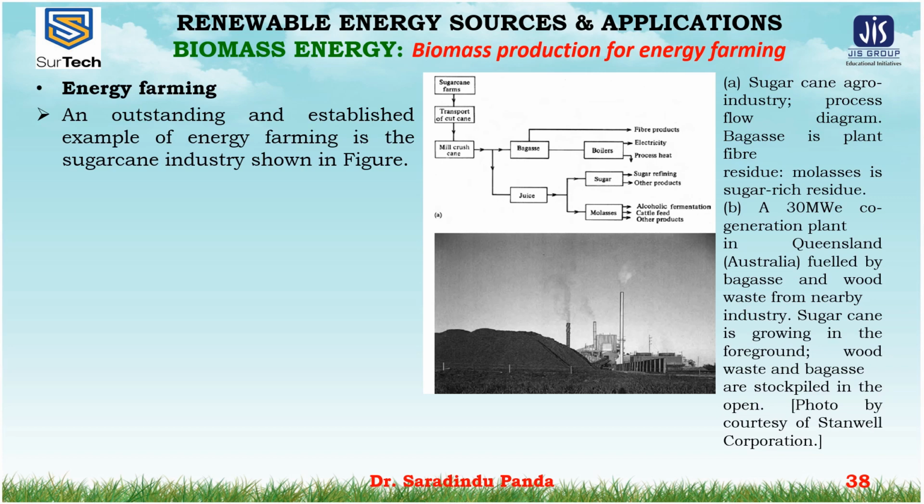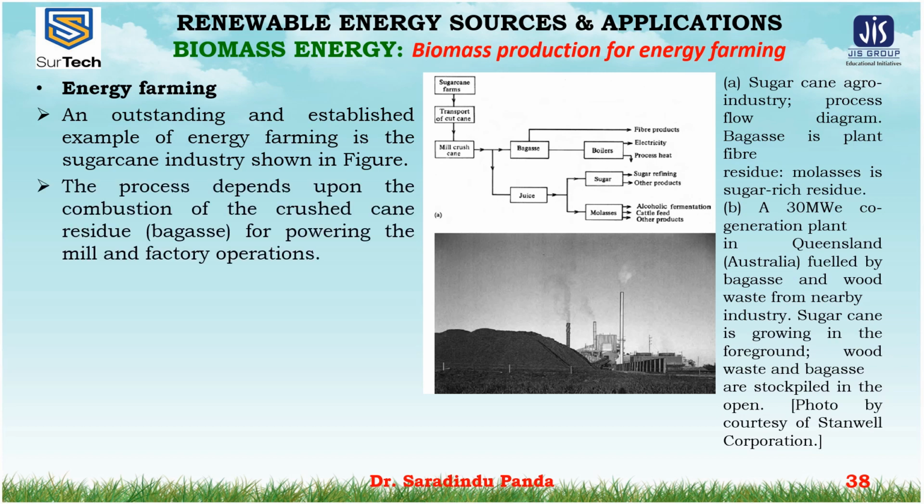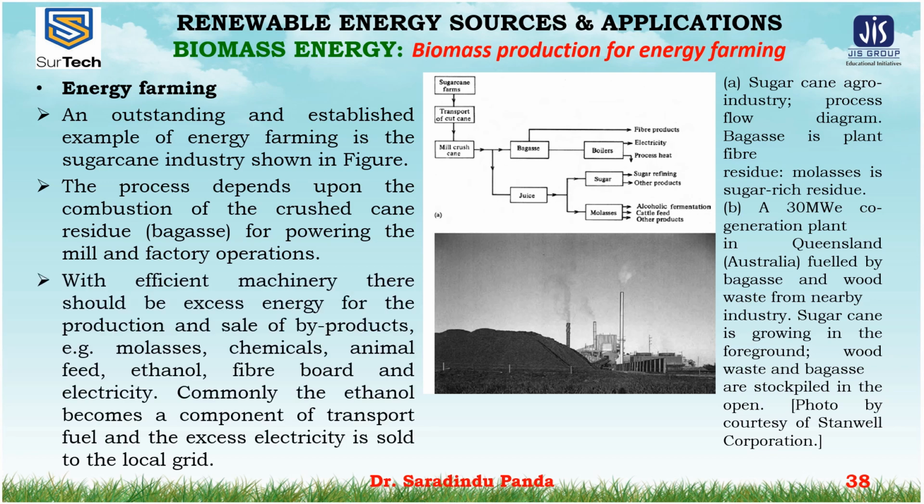Now an outstanding and established example of the energy farming is the sugarcane industry shown in the figure. The process depends upon the conversion of the crushed cane residue, that is called bagasse, for powering the mill and the factory operations.